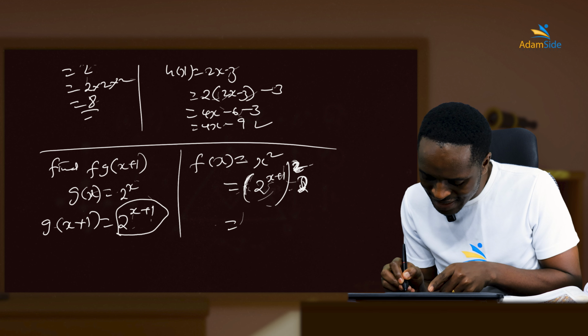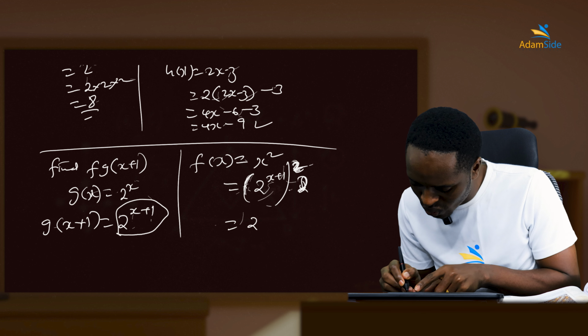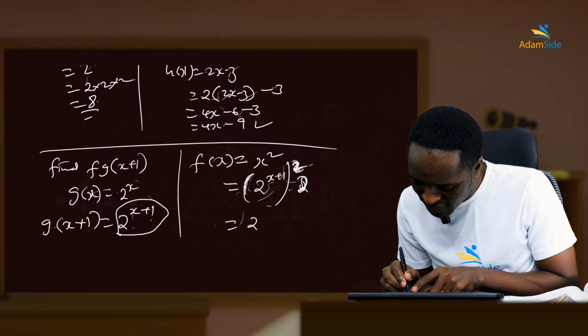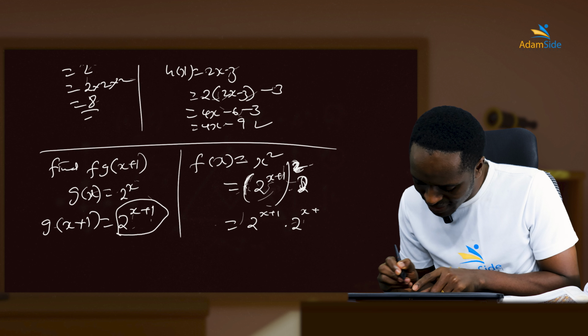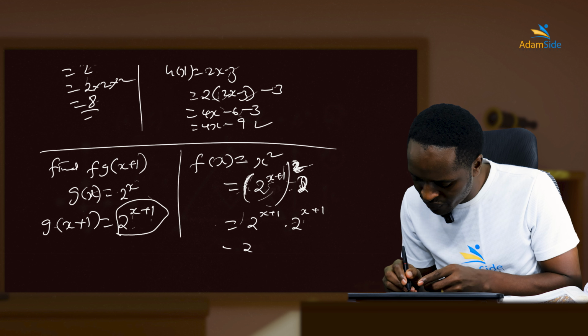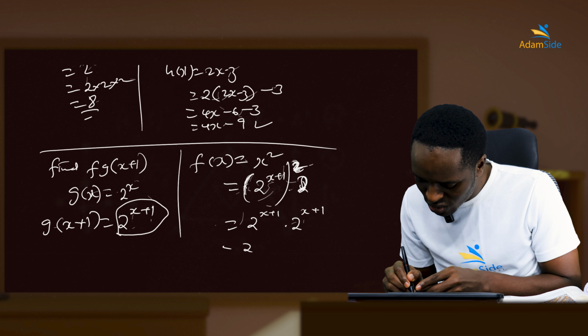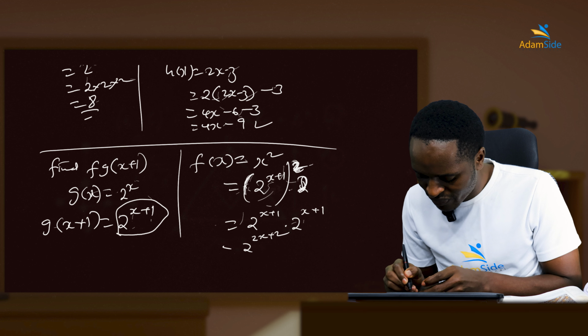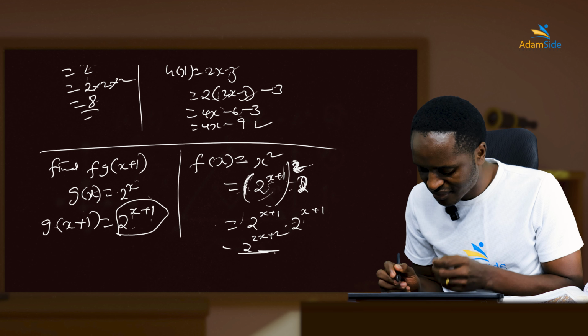So you input this into there and replace. So it becomes 2 power x plus 1 times 2 power x plus 1, which is same base. You keep the base the same and add the powers, x plus 1, x plus 1. So this becomes 2 power 2x plus 2. This is your answer. That's it.